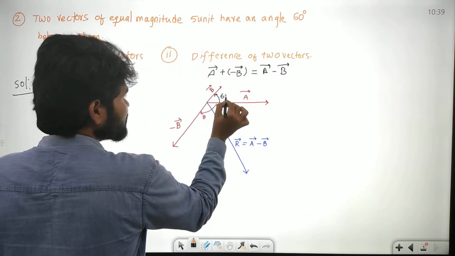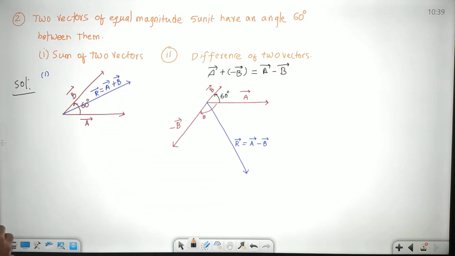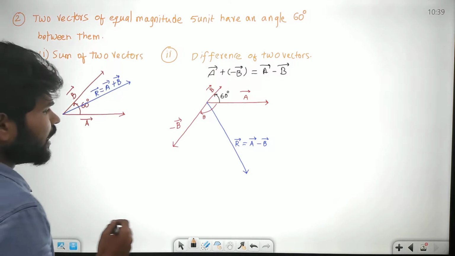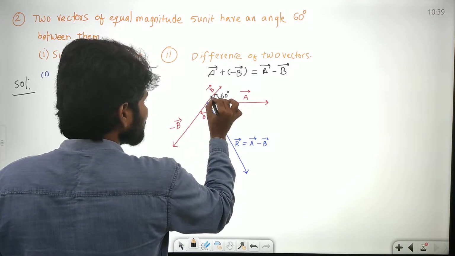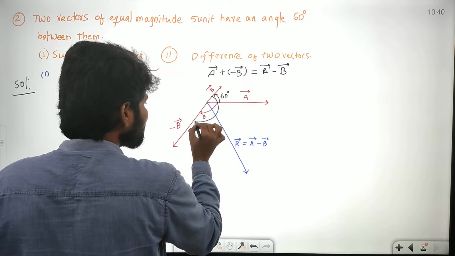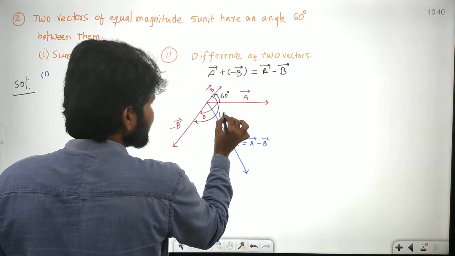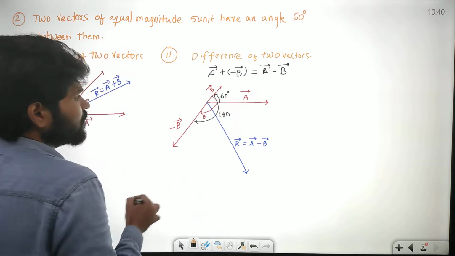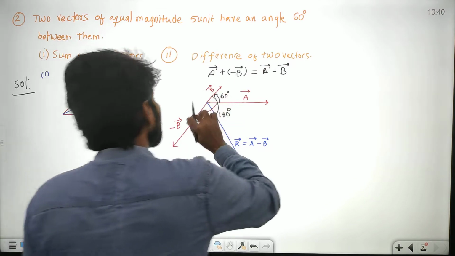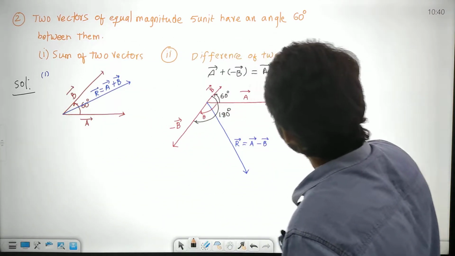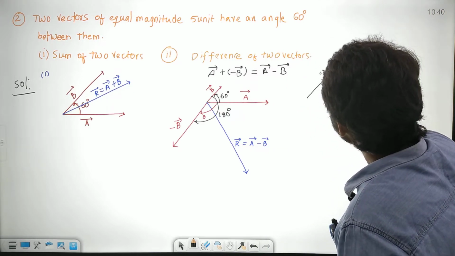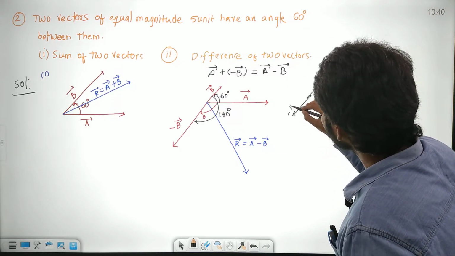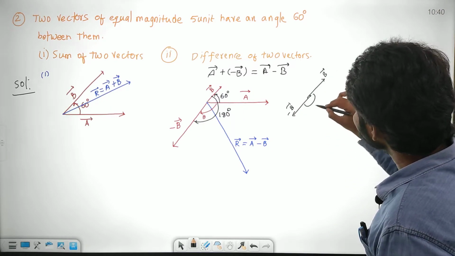And this complete one is 180 degrees. See, this B vector is like this and minus B vector is like that, so the angle is 180 degrees.